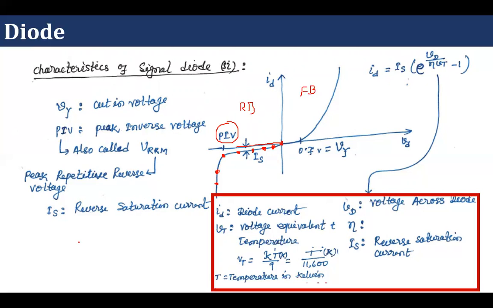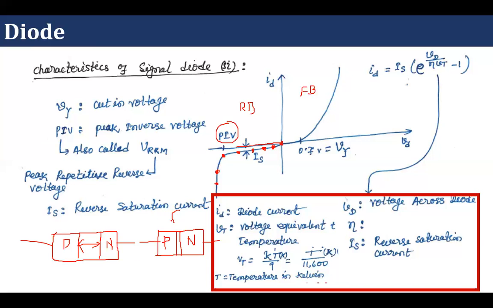Actually, what happens is this: if this is a normal PN junction, this is the P type, this is the N type, and this is the width of a normal PN junction. Whenever we make it forward bias, the width of this junction decreases, and that's why the flow of current is allowed easily with the help of electrons and holes.